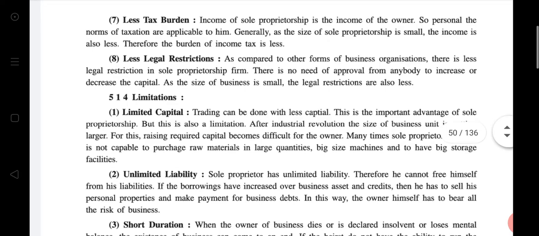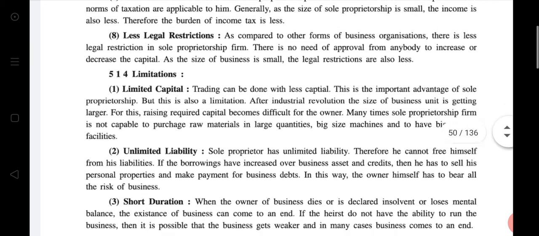Then the less legal restriction. Compared to other forms of business organization, in sole proprietorship there is less legal restriction because there is no need of approval from anybody to increase or decrease the capital, and the size of business is small, so legal restrictions are also less. Is it clear? Okay, good.